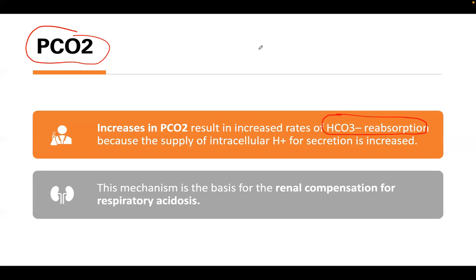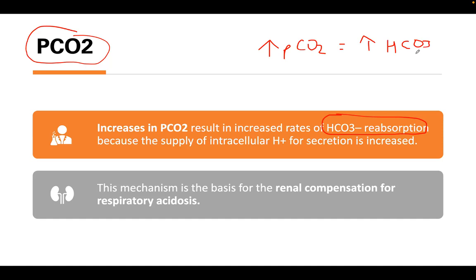So again, increased PCO2 would result in increased bicarbonate reabsorption, and this is the basis for the renal compensation of respiratory acidosis.